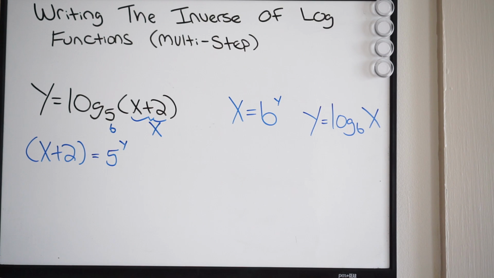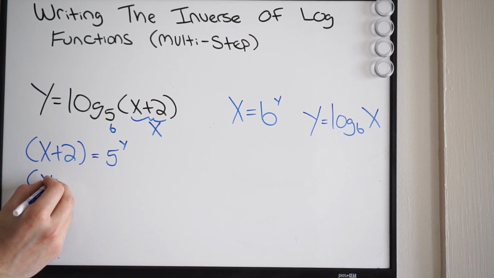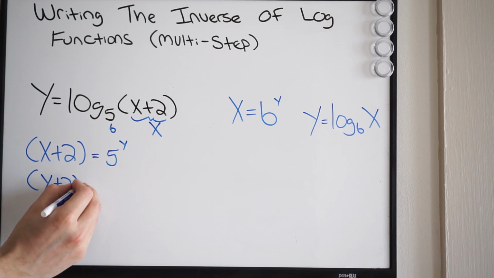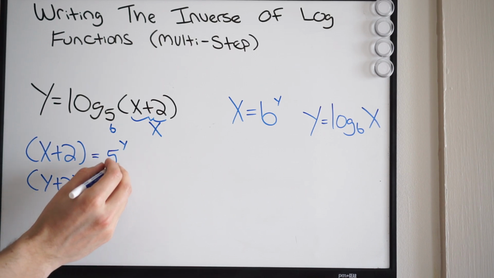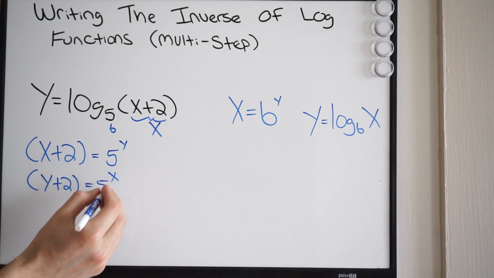Now at this point, it's in its exponential form. We now switch out the x with y and the y with x. So let's go ahead and do that. So I'm simply just going to replace this with y. And we'll replace this with x.